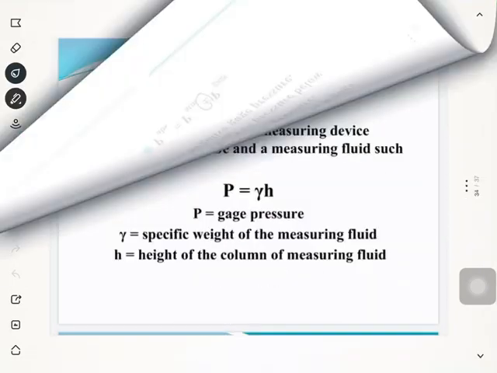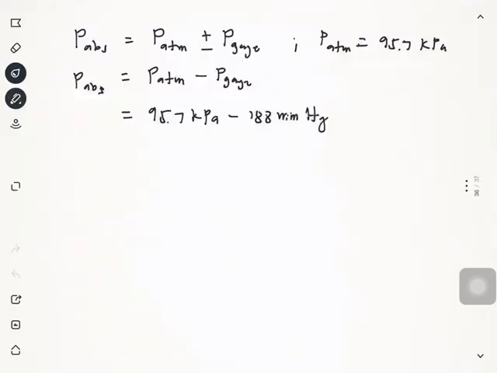As you observe, we have different units, kilopascal and millimeters of mercury. So we need to be consistent here, whether we select the kilopascal or the millimeters of mercury.